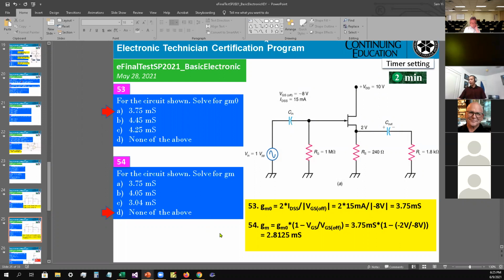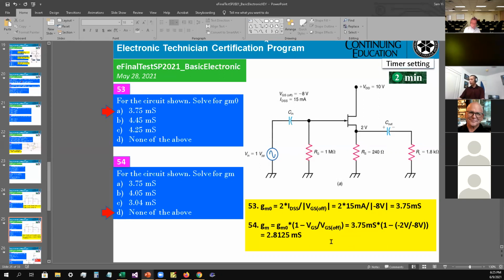Okay, and then 54, you're going to use the GM0. So GM is equal to GM0 times the quantity 1 minus VGS divided by VGS off. So you have 3.75 millisiemens times the quantity 1 minus -2 volt divided by -8 volt.